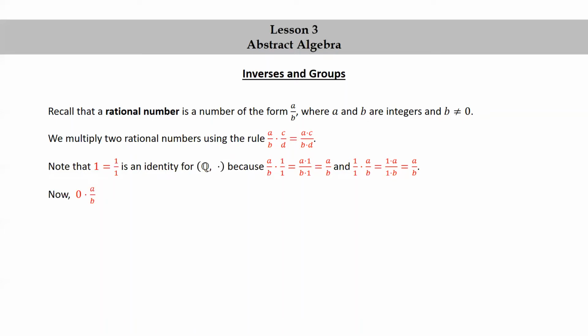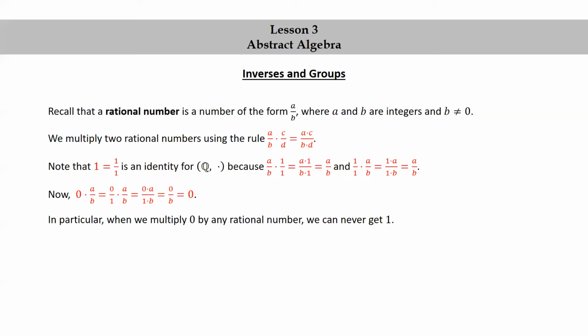Now, 0 times A over B is equal to 0 over 1 times A over B, which is 0 times A over 1 times B, which is 0 over B, which is 0. In particular, when we multiply 0 by any rational number, we can never get 1. So 0 is a rational number with no multiplicative inverse.